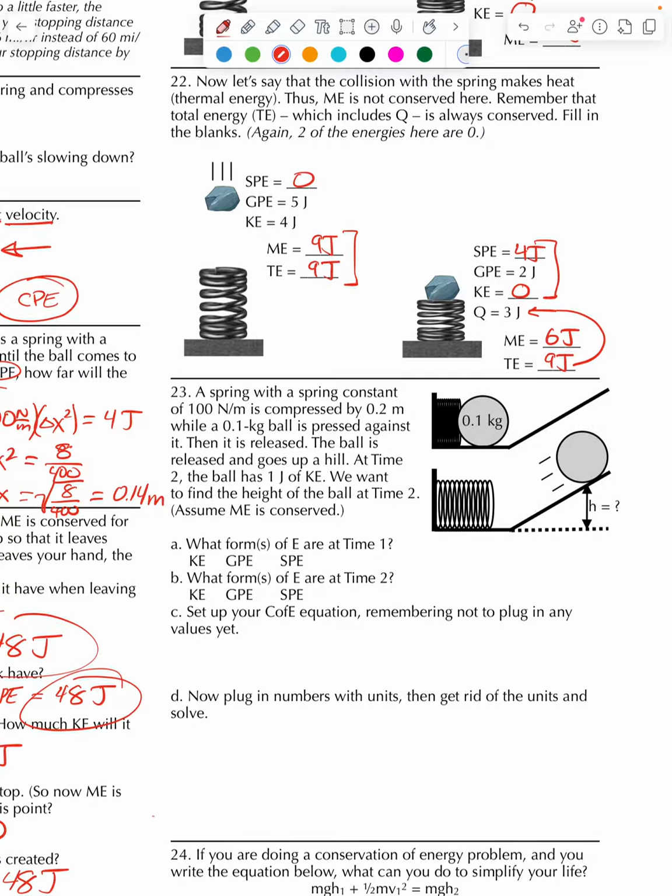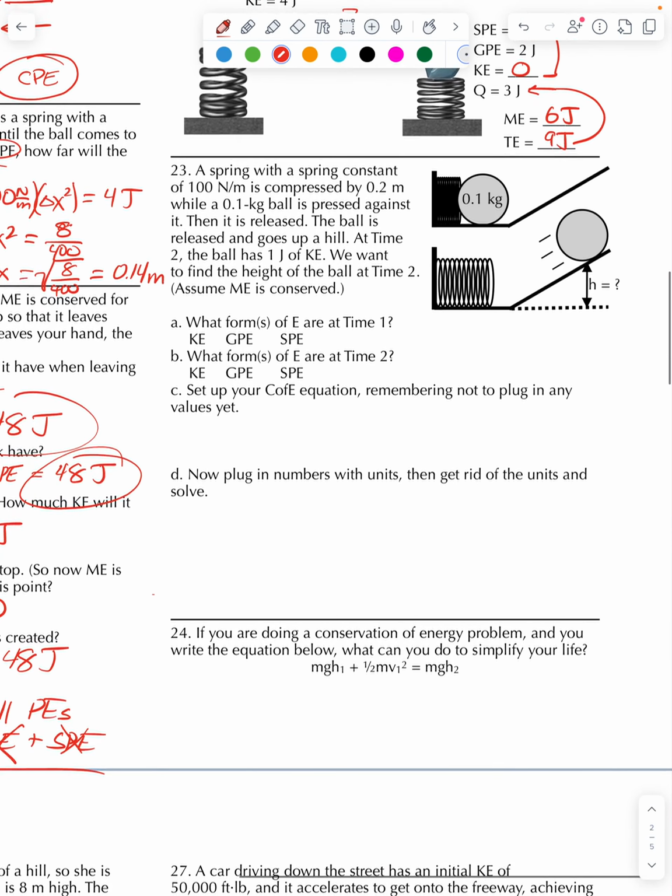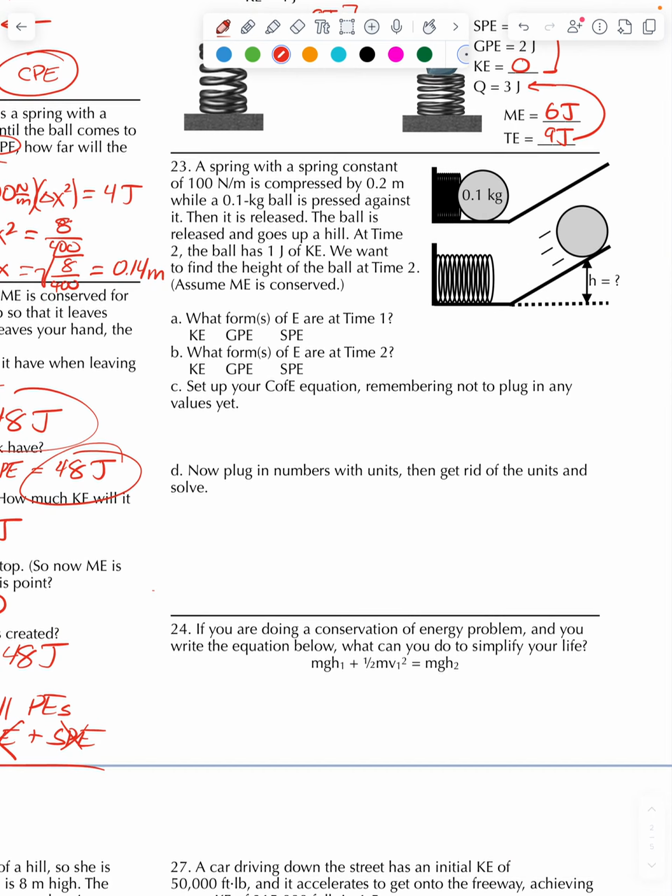Okay, that's kind of longer than I expected to explain it. Sorry about that, but you get the idea. All right, here's a problem that I'm going to put, not this exact problem, but you're going to need to do a conservation of energy problem. And the whole idea here is we're not going to write more generalized equations. The whole idea is before and after the energy is conserved.